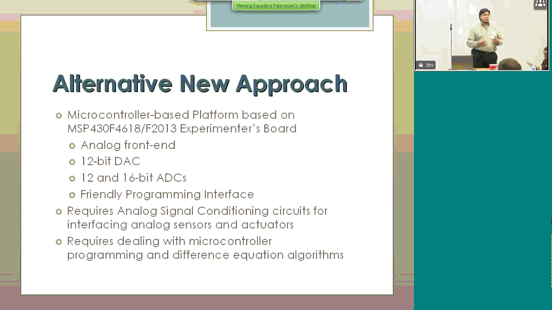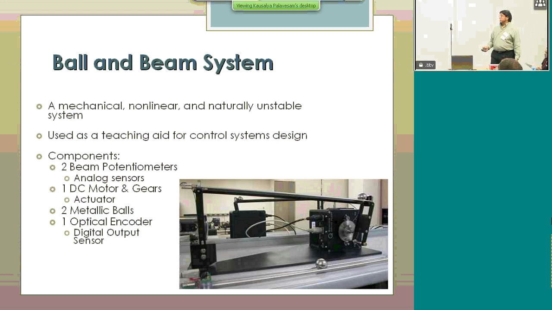The thing is that sometimes the outputs of the sensors are not compatible with the inputs of the analog to digital converters, so you need to signal condition the signals from the sensor. It also requires dealing with microcontroller programming and difference equations. So they actually are doing the programming of the system.